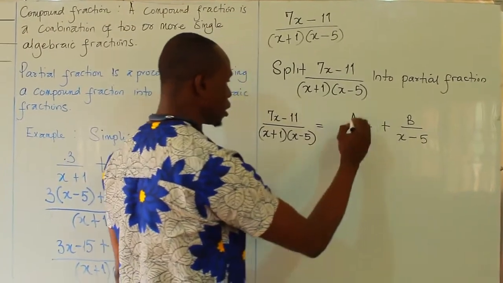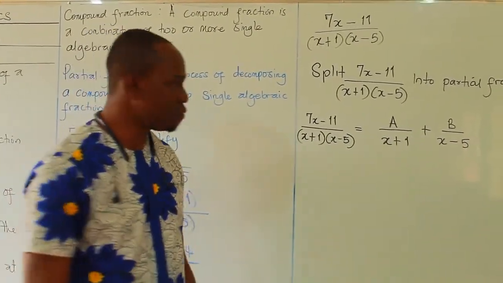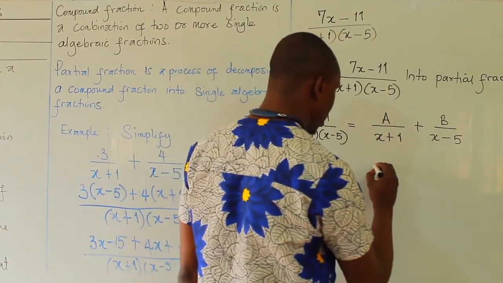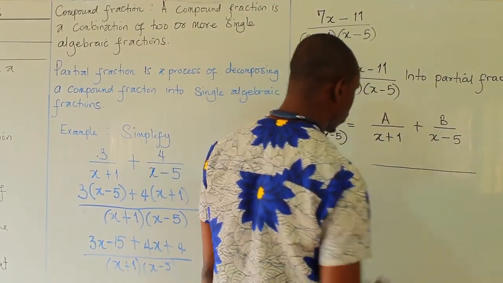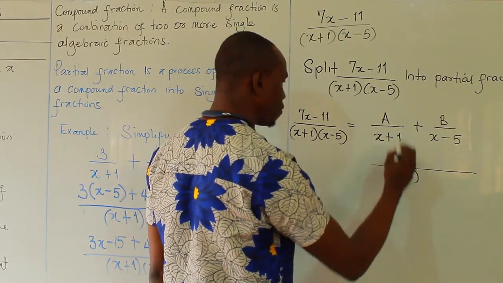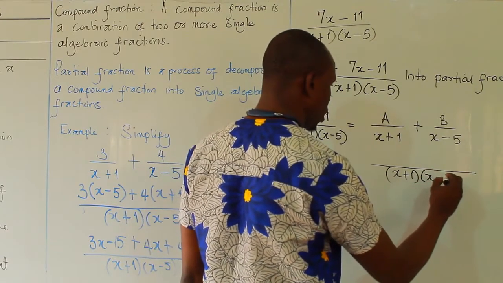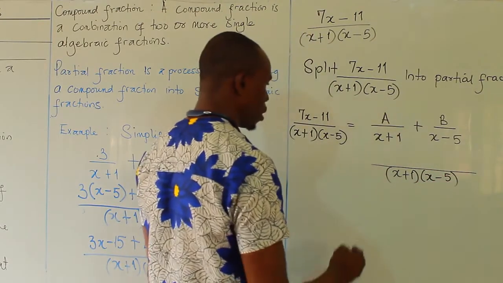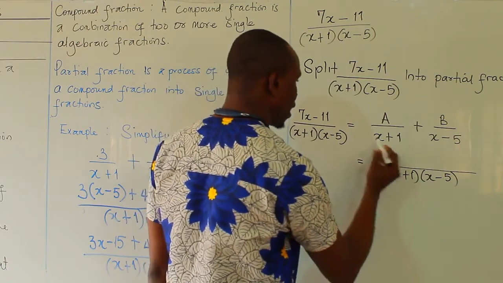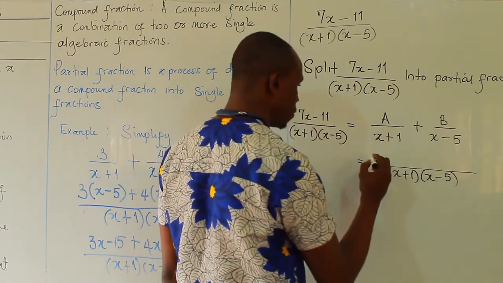Having written this as a over x plus 1 and b over x minus 5, I will find the LCM of both of them and solve it as though I have values for a and b. So I have this as x plus 1 and x minus 5. This will divide this like I did in the first instance, and I'm left with x minus 5.